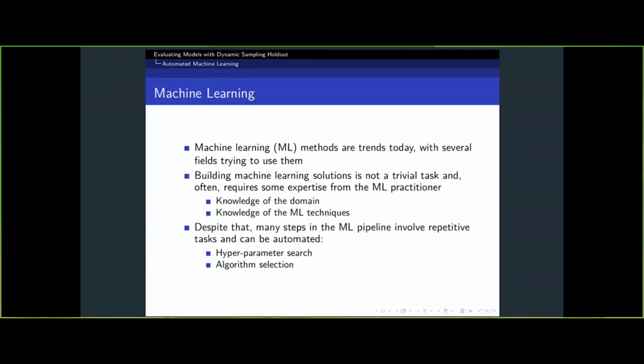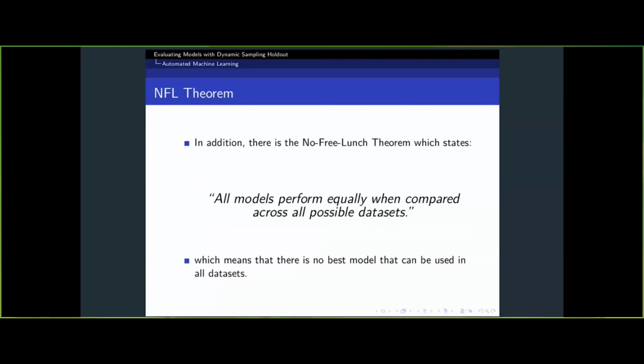In addition, there is the no free lunch theorem. It states basically that all models have equal performance when compared across all possible data sets. This means basically that there is no silver bullet, there is no single model that has the best performance in all cases and domains.